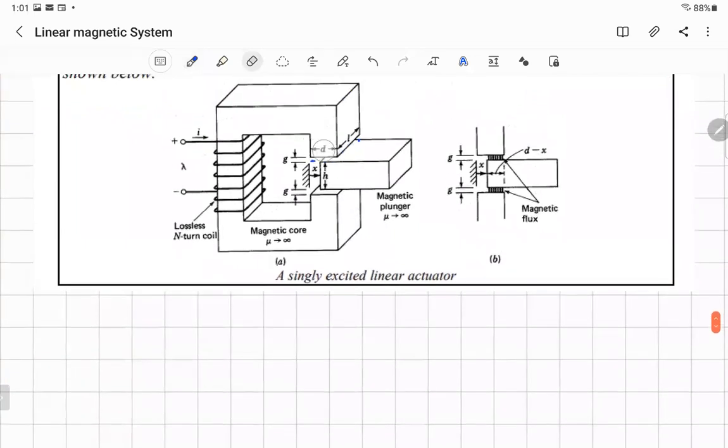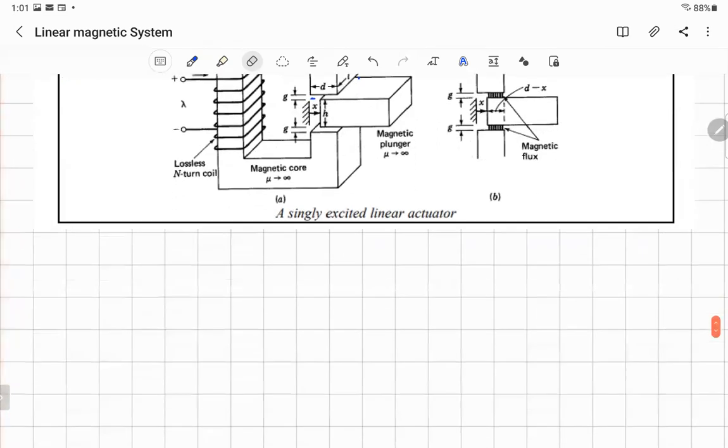Remember the length, or this one D, the depth, and the length is L, and the height is G. So can you find the area, the common area? That's D, and that's L, and the mobile part moved by X. I want to figure it out.